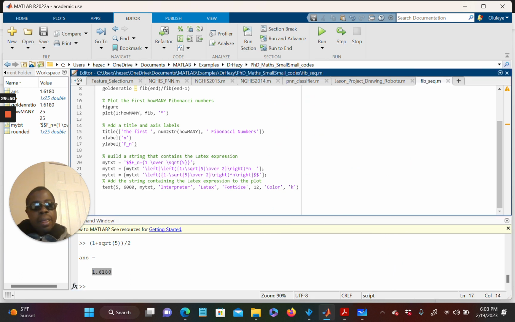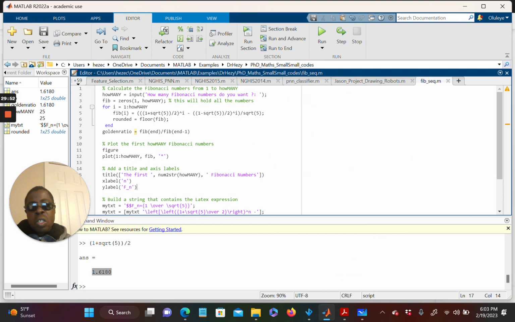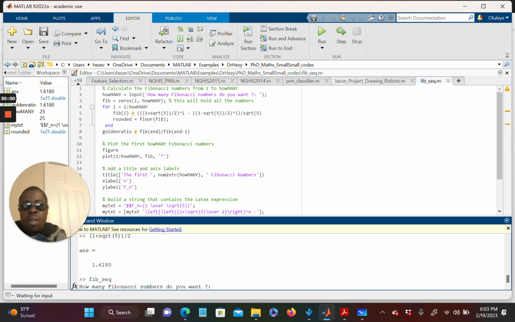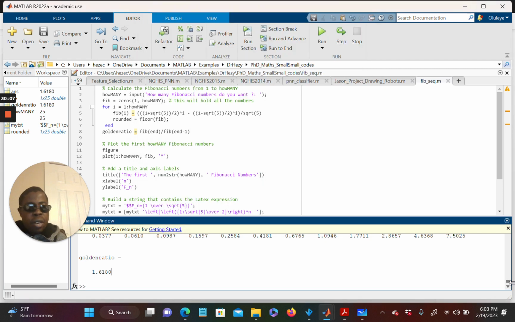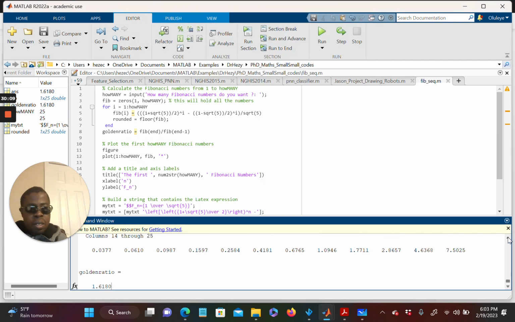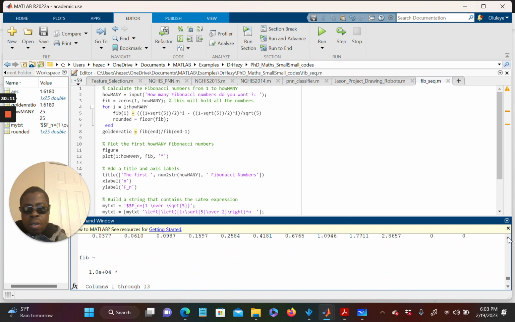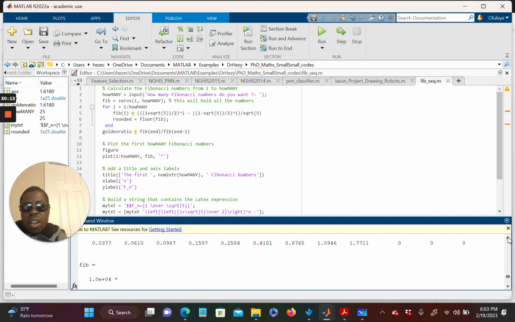Okay, I think I want us to see the numbers. So let me remove this and run it here. Let me have 25 of them. Okay, so look at the Fibonacci numbers. It's a lot. It's really a lot.